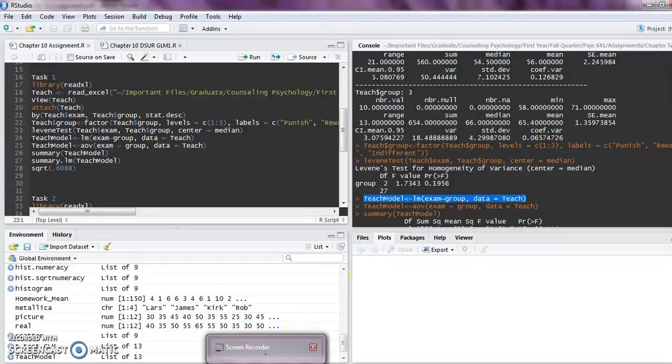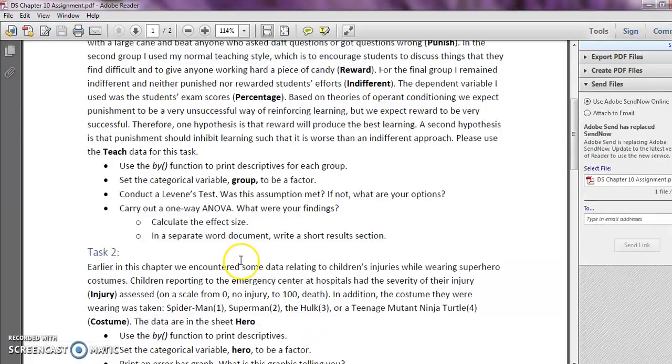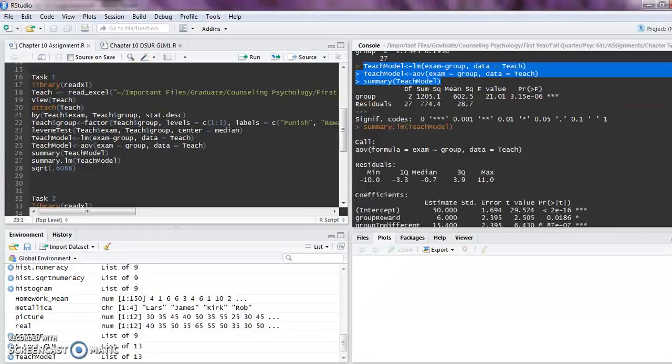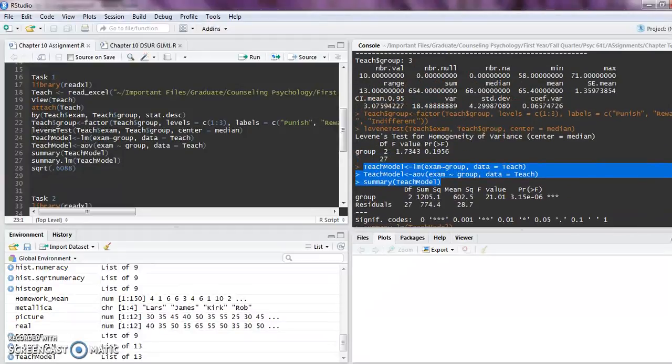So the next thing we're asked to do is to carry out a one-way ANOVA and calculate the effect size. So I did that, set it as a model, as a linear model, ran this command in summary, and I got this here.